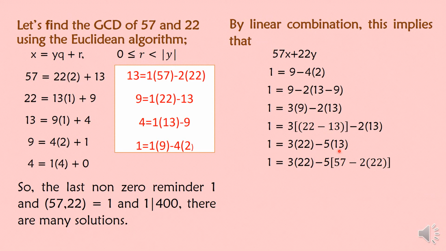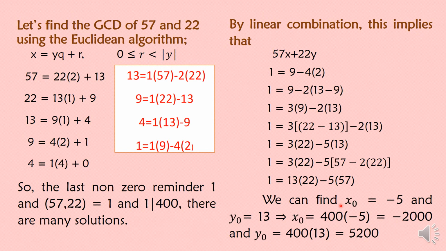So we substitute here. Then we have 3 times 22, so we're going to add this one here. So there will be 1 is equal to 13 times 22, since 5 times 2 there will be 10, so 10 times 22 plus 3. So it will be 13 times 22 minus 5 times 57.